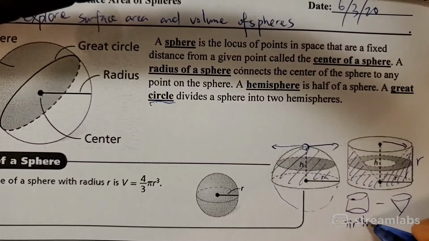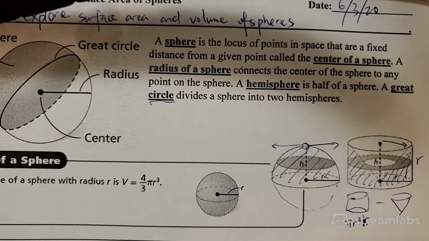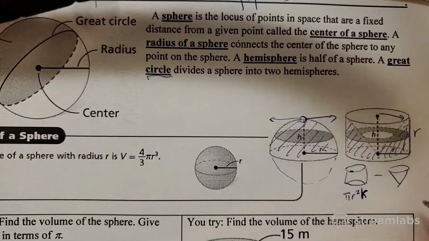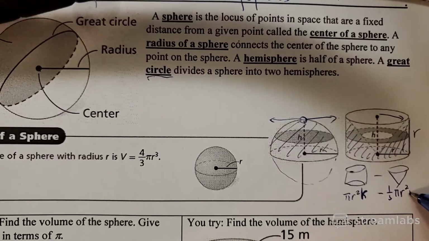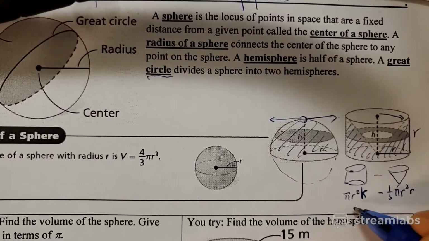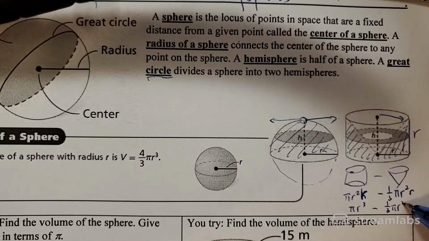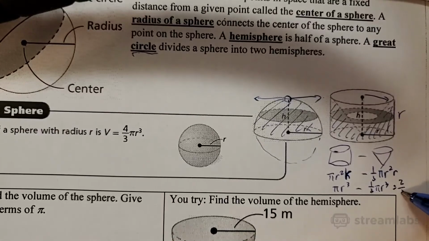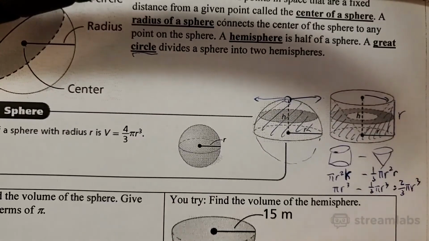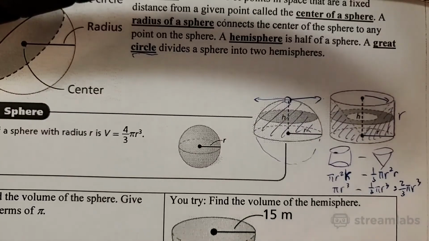So essentially this is pi r squared times r. Same thing here. This will be minus 1/3 pi r squared times r. So that is going to be pi r cubed minus 1/3 pi r cubed, which is going to be 2/3 pi r cubed, because 1/3 subtracted from 1, right? So 2/3 pi r cubed.